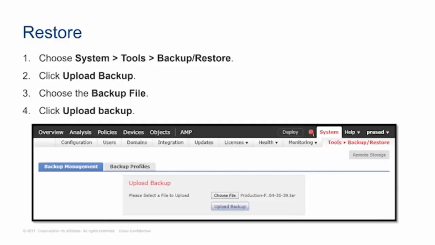So to restore the backup, you need to navigate to System Tools, Backup and Restore. And here, if the backup is not available, we can click on upload backup, choose the backup file, and then click upload backup.